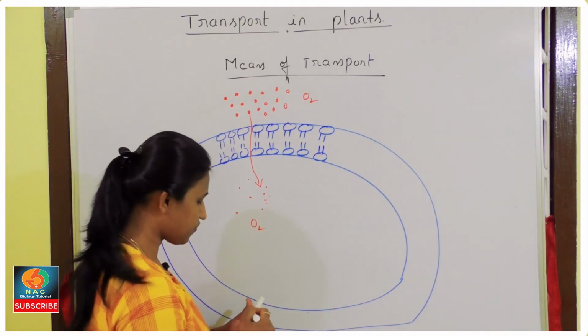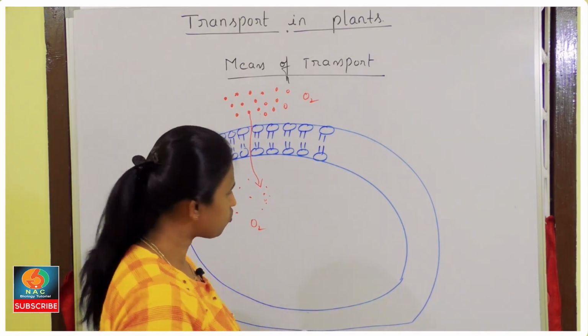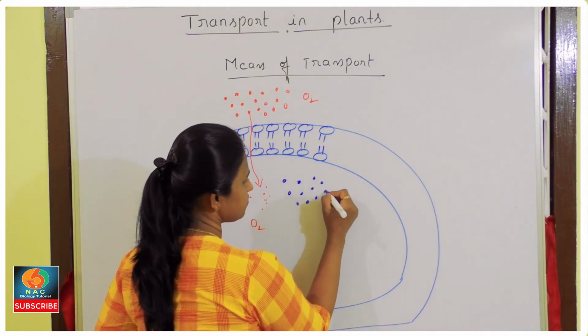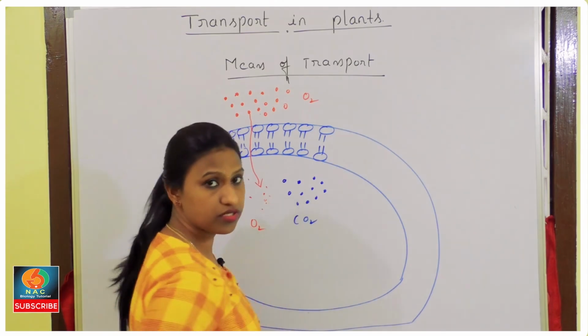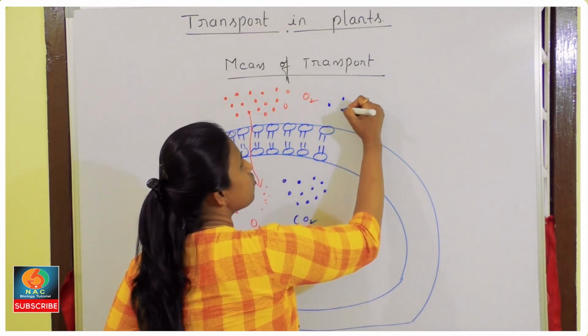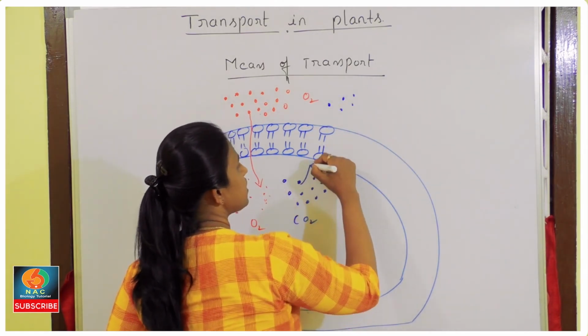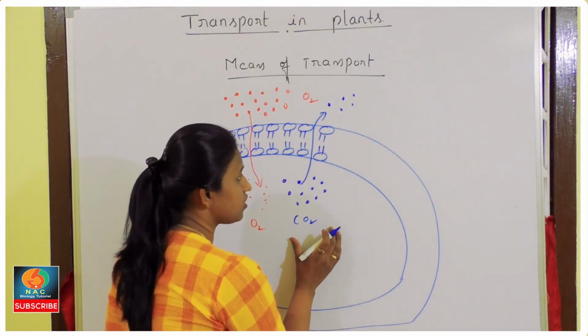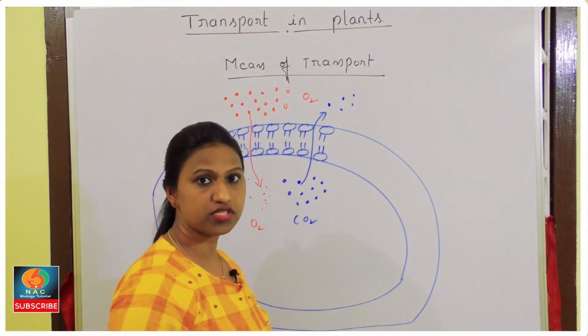Like that, suppose we have a higher concentration of carbon dioxide inside the cell, and it has to go out. Here there is very little carbon dioxide. Then it can easily cross the plasma membrane from the region of higher concentration to the region of lower concentration.